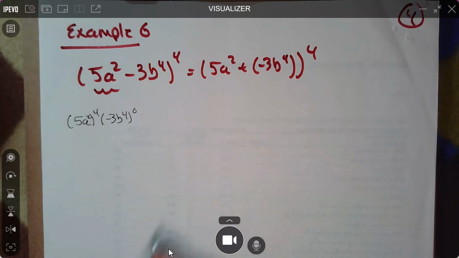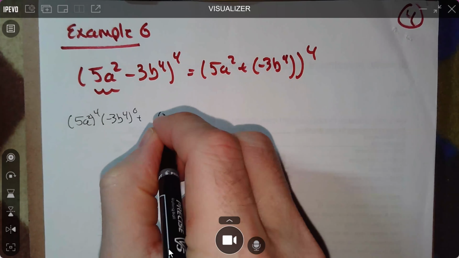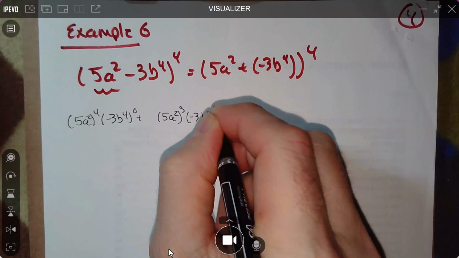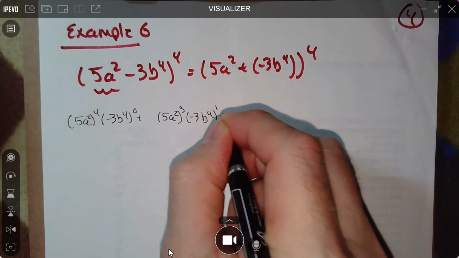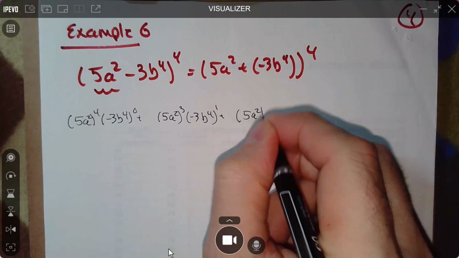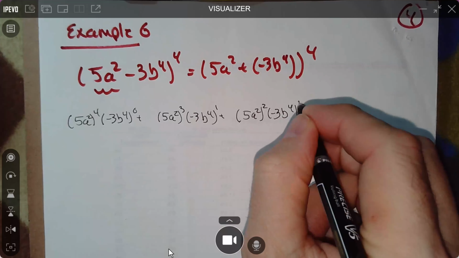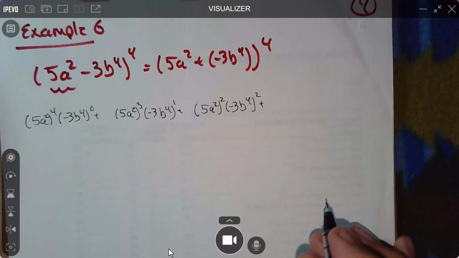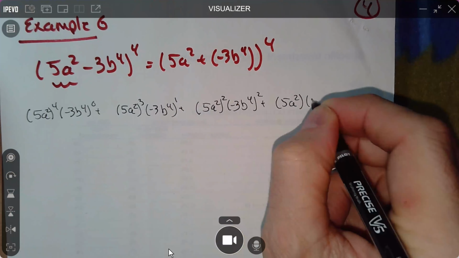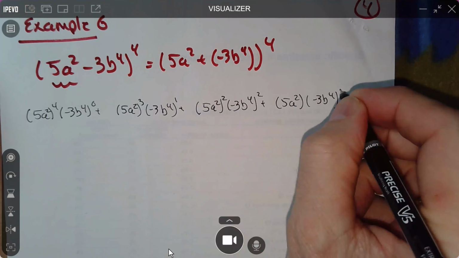All right, let's keep going. It's going to be 5a squared to the fourth power and negative 3b to the fourth to the 0 power, plus, leave some space, 5a squared cubed times negative 3b to the fourth power raised to the first power, plus 5a squared squared times negative 3b to the fourth power squared, plus 5a squared to the first power, which I'm not going to write, and negative 3b to the fourth power raised to the third.